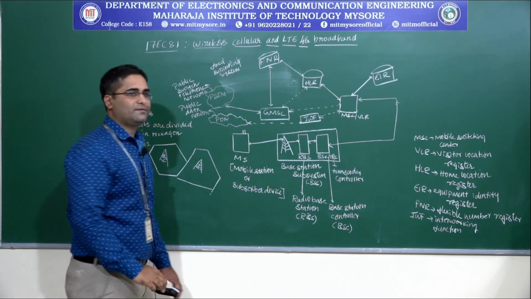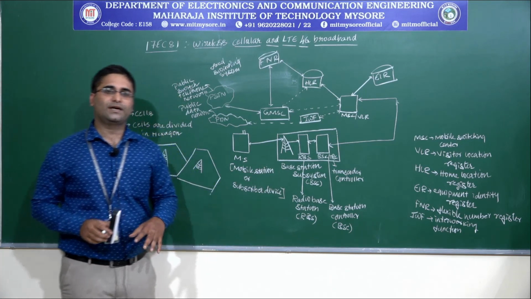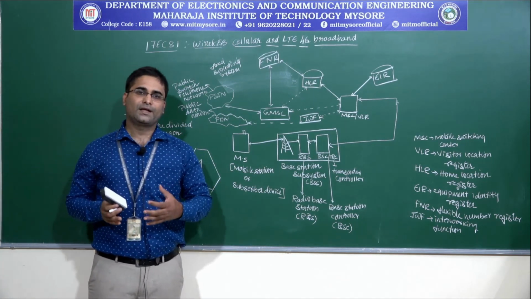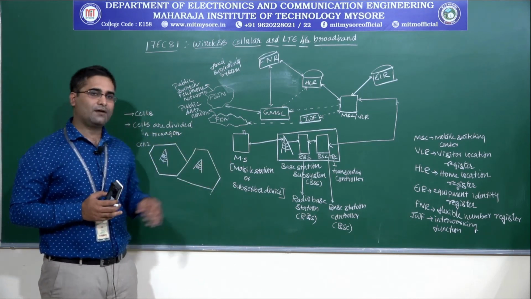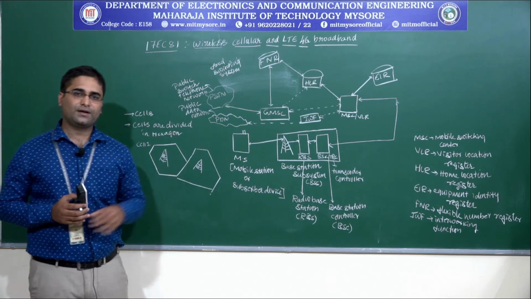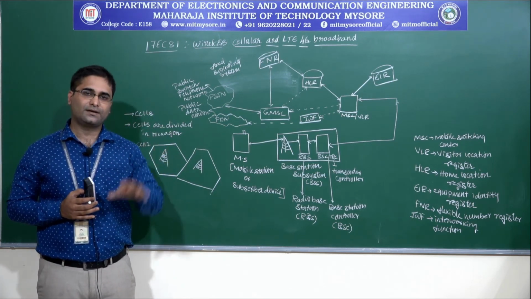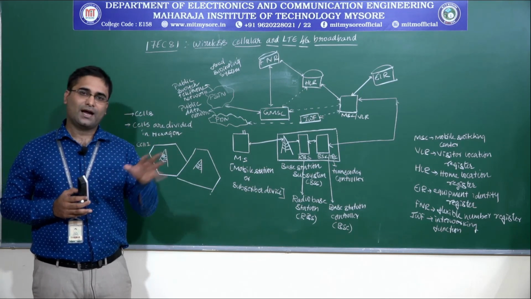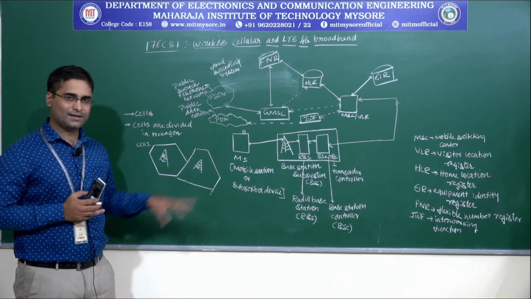And in the fixed switching system, we do have the registers or databases where there is an updation of where the mobile station is. Again, what we have told is that in the telecommunication system, the area is designed into cells, and each cell is represented by a particular hexagon.